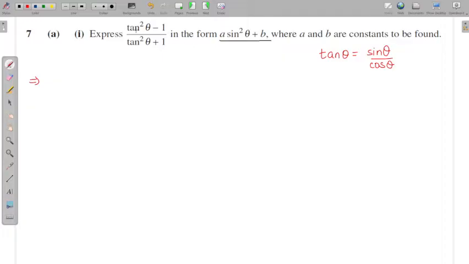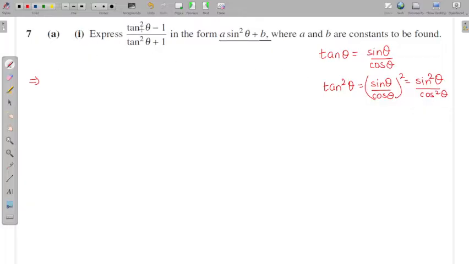Since we have tan squared theta, if we square the left hand side of the equation, then we have to square the right hand side as well. So tan squared theta is basically sine theta by cos theta whole square. So this can be written as sine squared theta by cos squared theta.